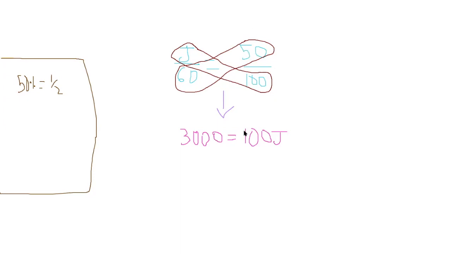So now you have to isolate J. And what do we do on this side? We divide by 100. In this case, take 2 zeros. You always just put the decimal point there.